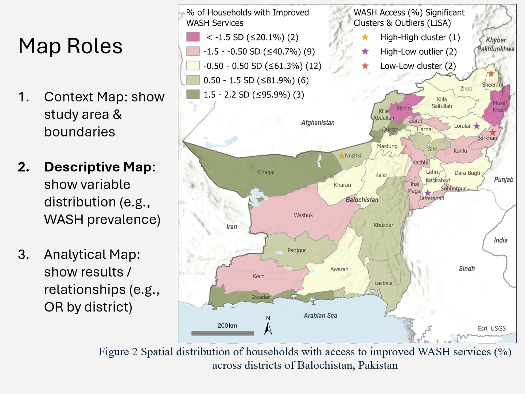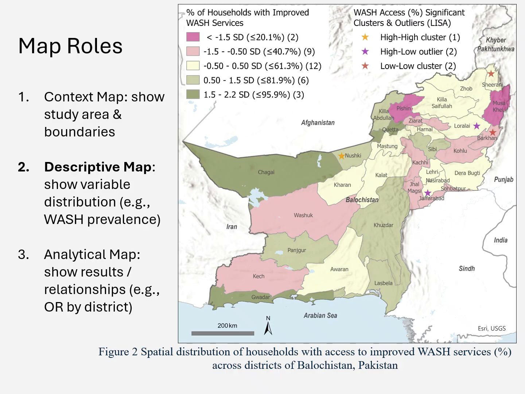It means these areas have better water and sanitation facilities together as compared to other areas where you can see a low value. So the purpose of this map is basically to establish the descriptive distribution of the dependent variable across our study area.